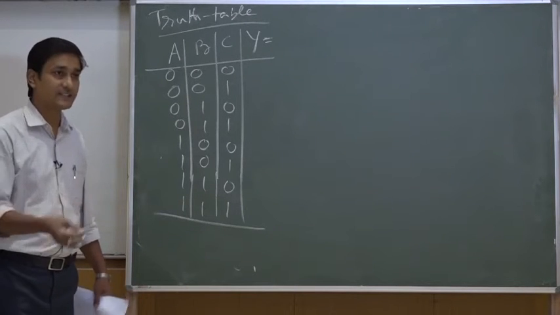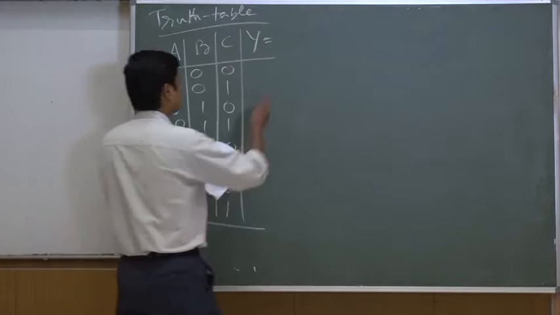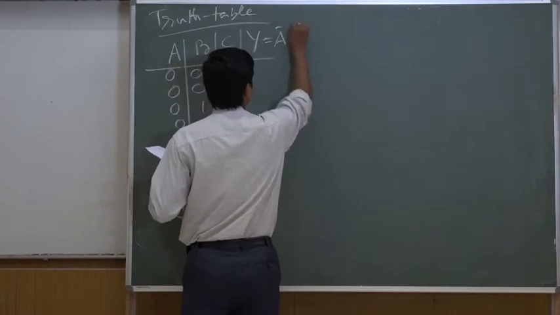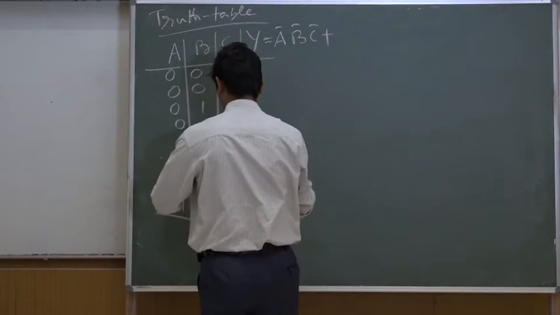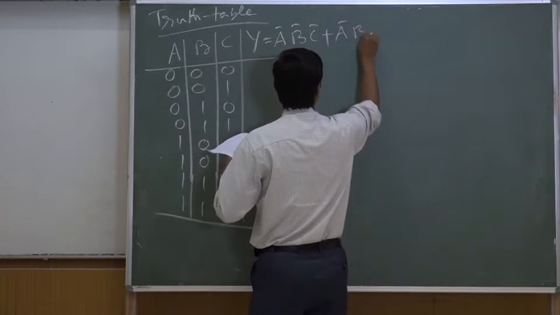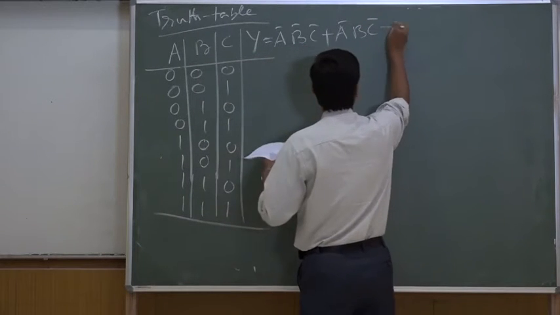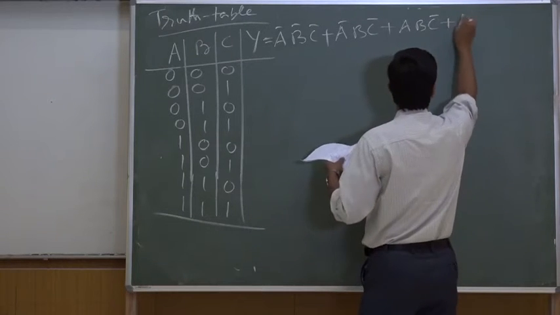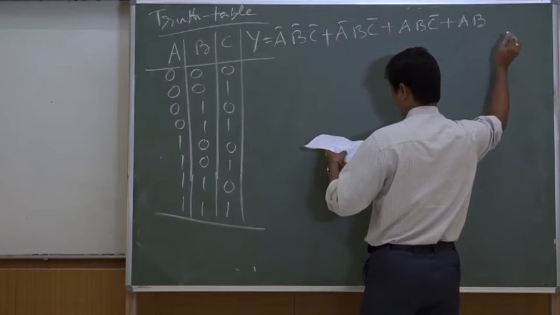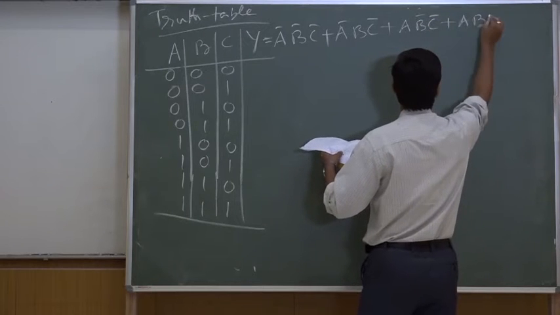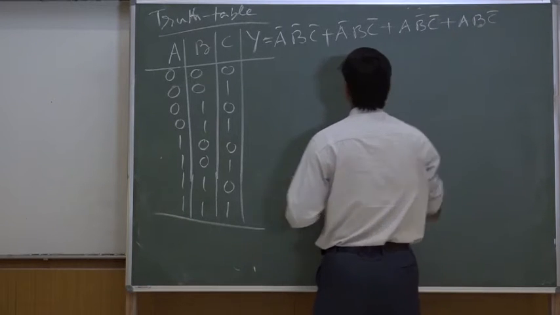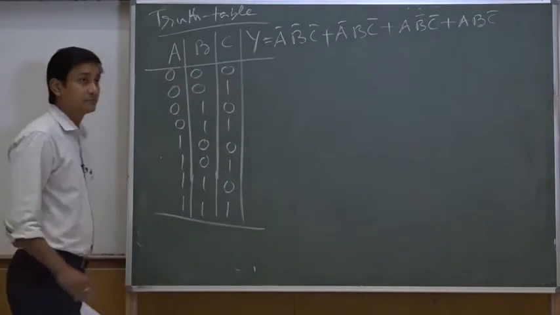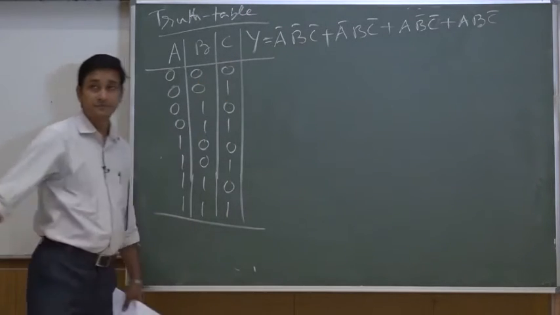Let us take the expression we took in the last class: A bar, B bar, C bar, then A bar, B, C bar, A, B, C bar, A, B bar, C bar, A, B, C bar. I think this was the expression for this particular y.